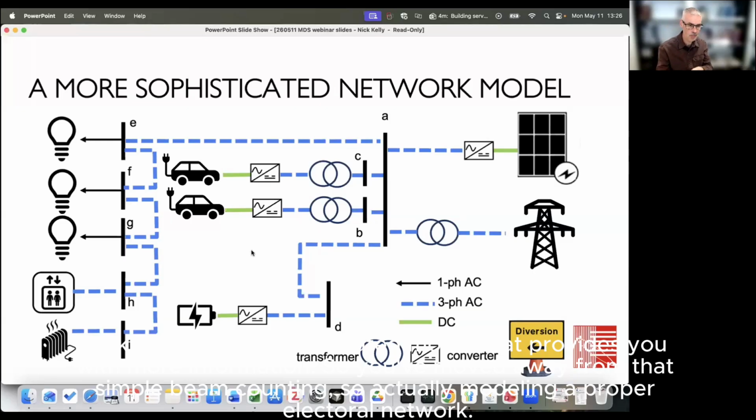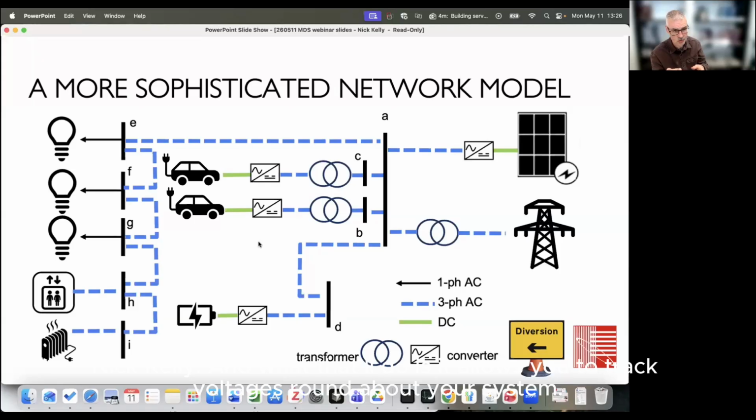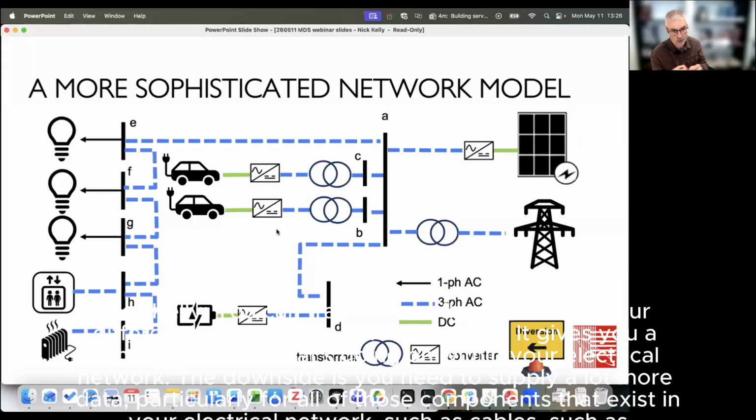So you've moved away from that simple bean counting to actually modeling a proper electrical network. And what that'll do is allow you to track voltages around your system. You can track power flows between your different buses or your different nodes. It gives you a richer picture of what's going on within your electrical network.